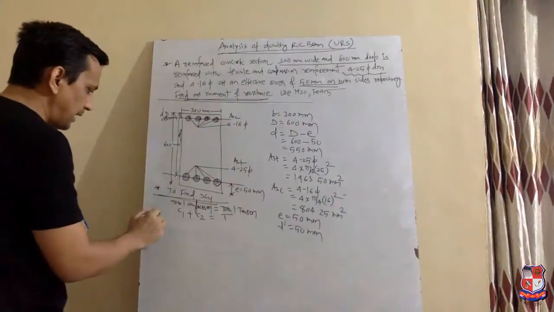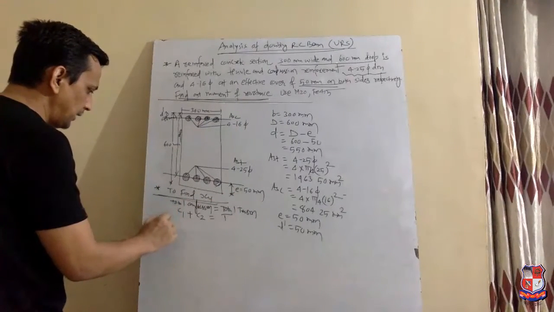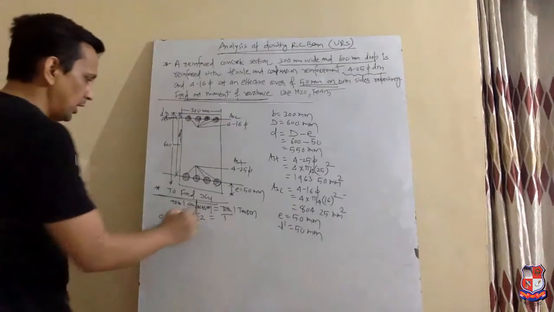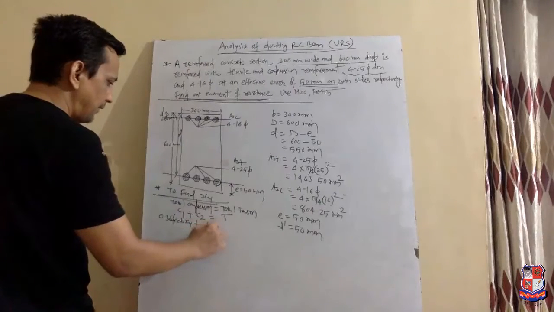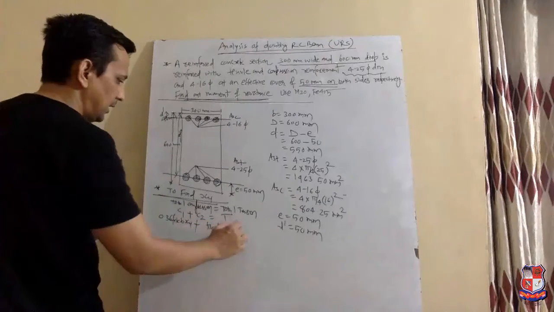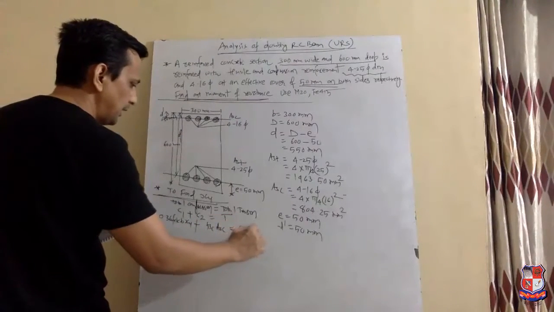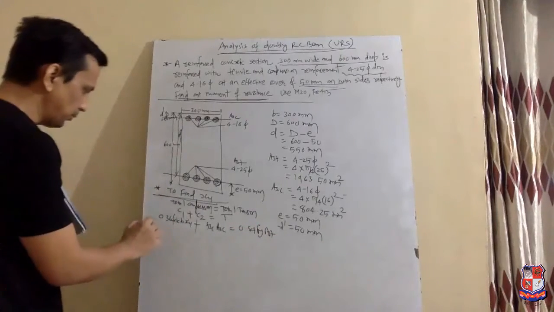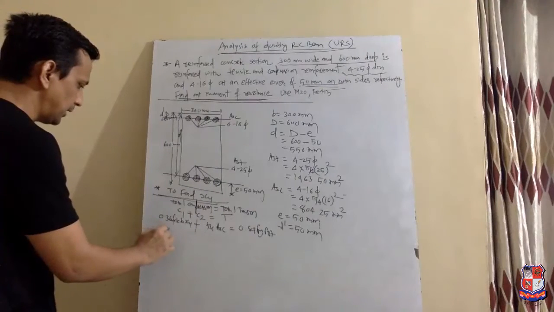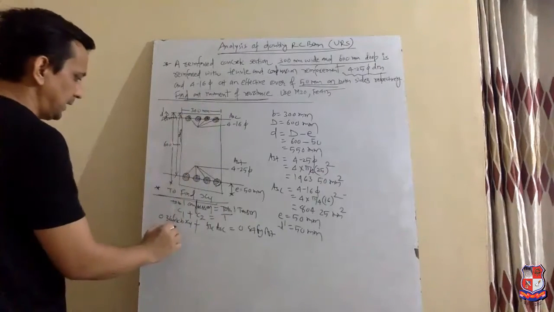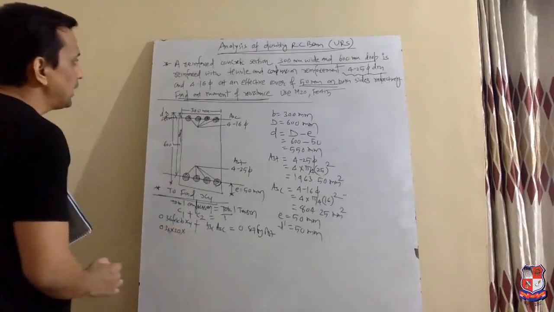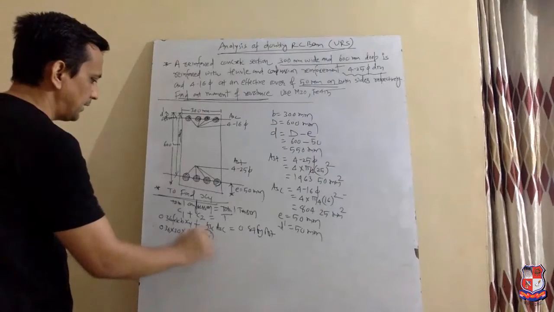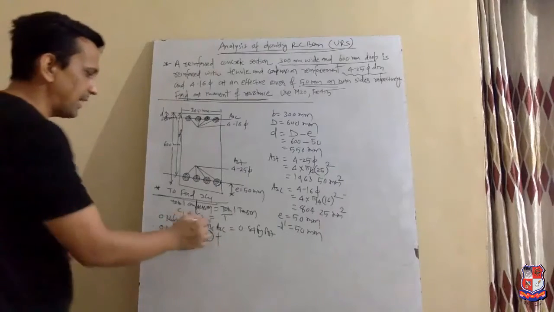Now write the value of C1, 0.36 FCK B into XU, plus C2, FSC into ASC, is equal to T, means 0.87 FY AST. Now put all the values. 0.36 FCK, it is given 20. Width of the beam is 300 mm and our interest is XU plus FSC.